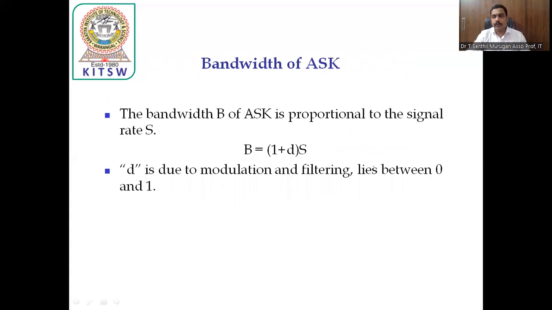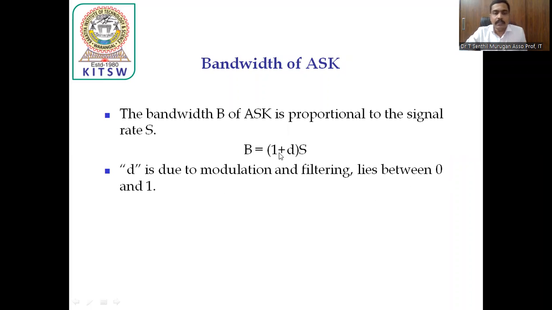Here we have to calculate the bandwidth of amplitude shift keying. The bandwidth is calculated using B equals 1 plus D. What is the D value? D value may be between 0 and 1. So 0 means the bandwidth is the same as the signal rate, or if it is 1, then 1 plus 1 is 2.